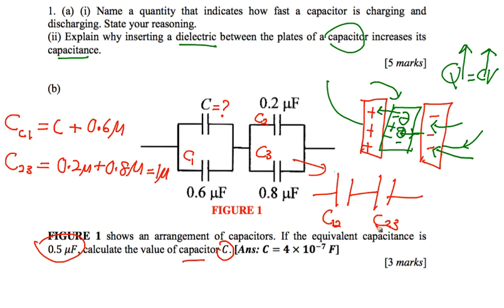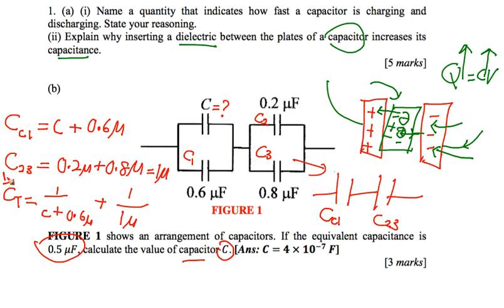This is CC1, and this is C23, and they are in series. So the total or effective capacitance for the 2 capacitors is 1 over CT, which is equal to 1 over CC1 plus 1 over C23, which is 1 over (C plus 0.6 microfarad) plus 1 over 1 microfarad.